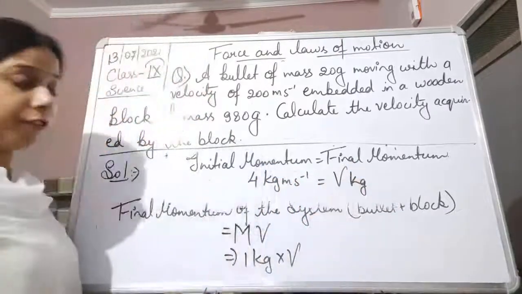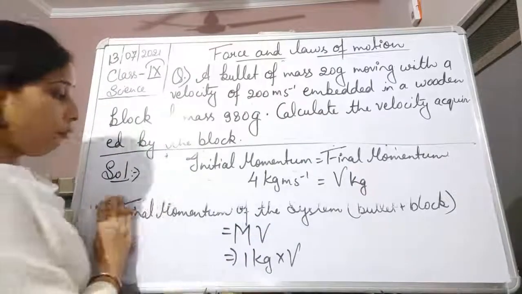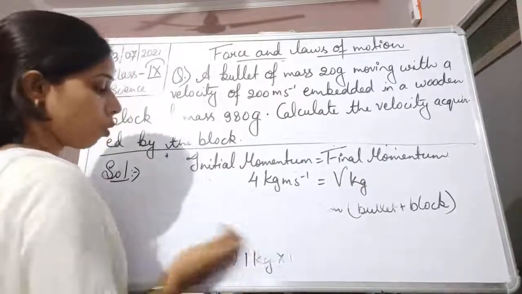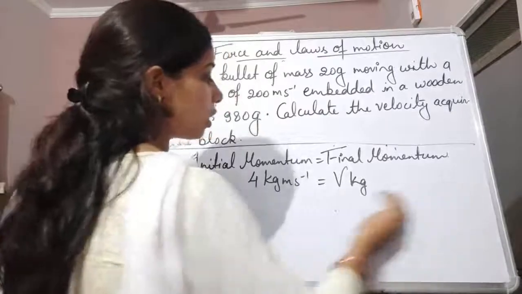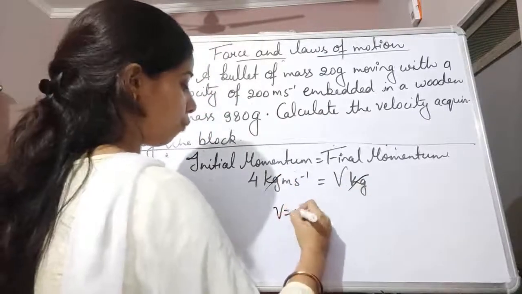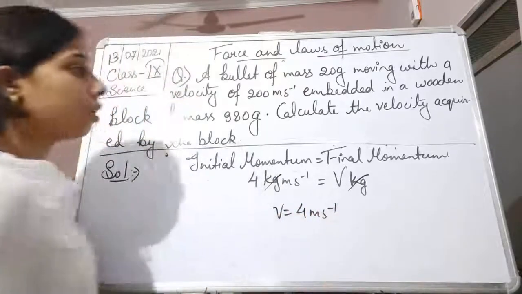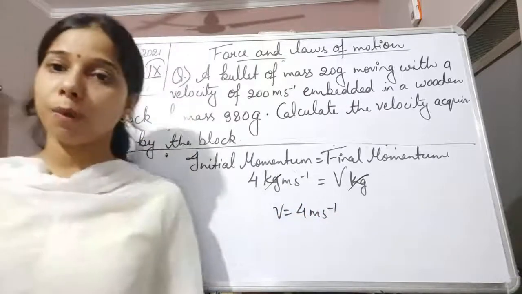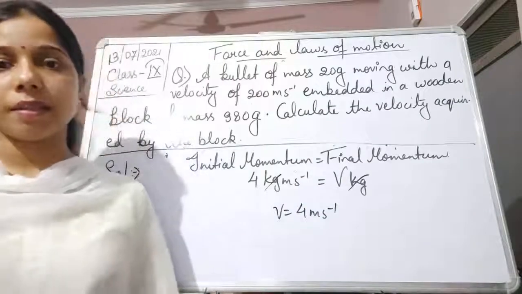So V will be equal to 4 meter per second. The kg will cancel out and it will become V equals 4 meter per second. So the common velocity acquired by the block will be 4 meter per second, students.